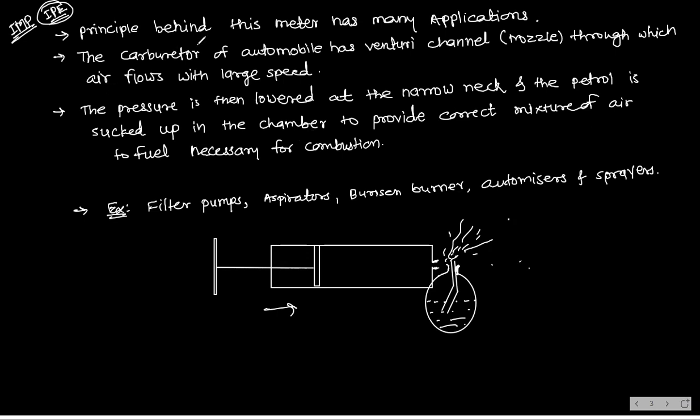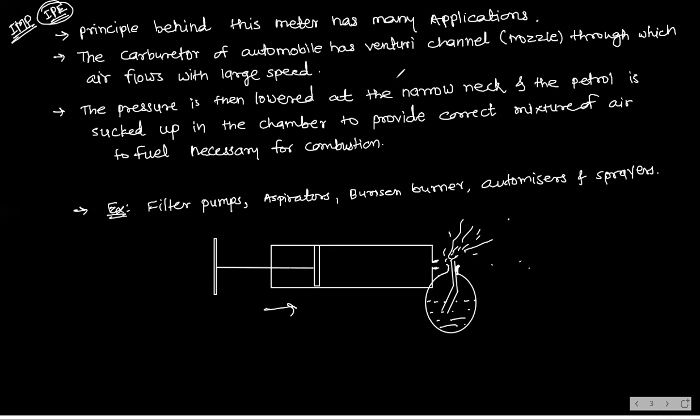So they may ask you on which principle the carburetor works, and how the process gives you the correct mixture of air and fuel. If you look below the seat of your bike, you will find an air pump and carburetor.